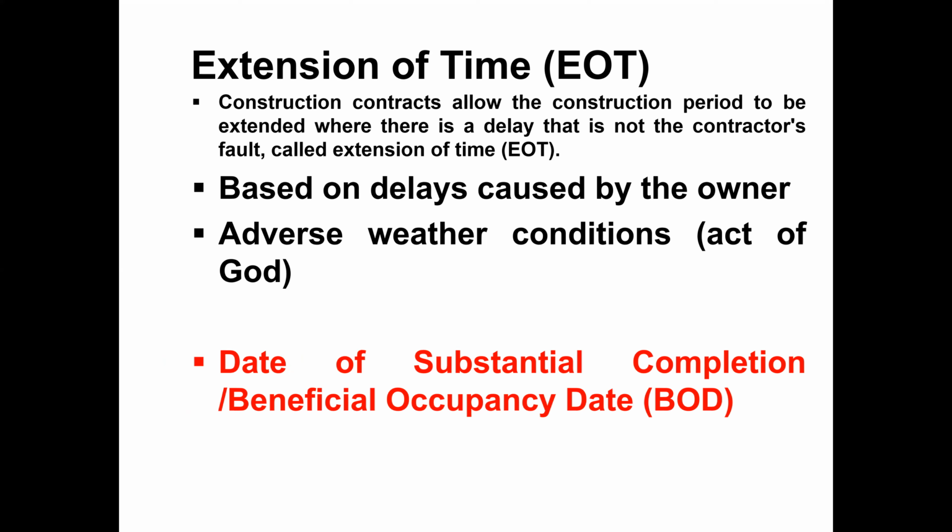Now the next item we are going to discuss in these issues during the construction phase is the date of substantial completion, or beneficial occupancy date. The date of substantial completion means that, until this date, the main part of the project is complete and the project can be used for the purpose it was designed.